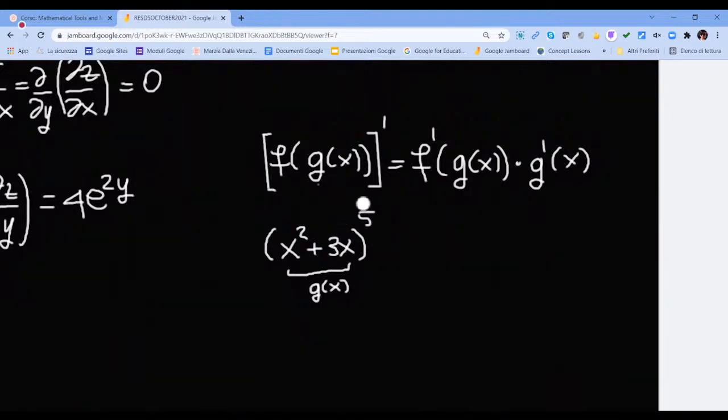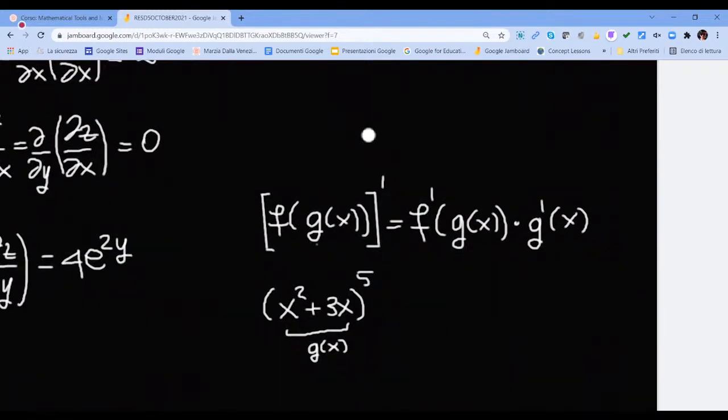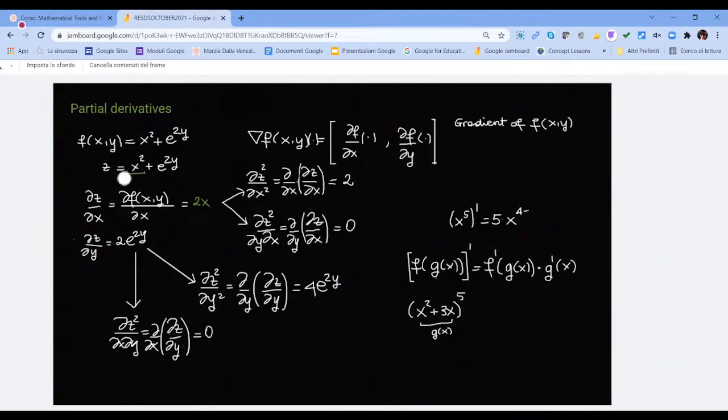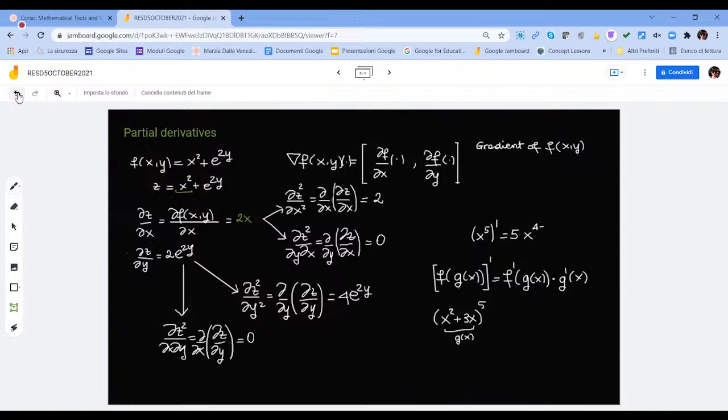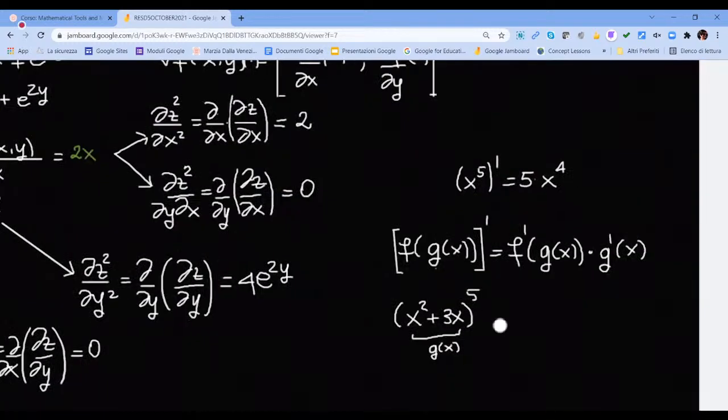As you know, if you compute the derivative of the fifth power of x, you will have this form: the exponent times x to the power of 4. This is 5 minus 1. And this is a known rule that you have.